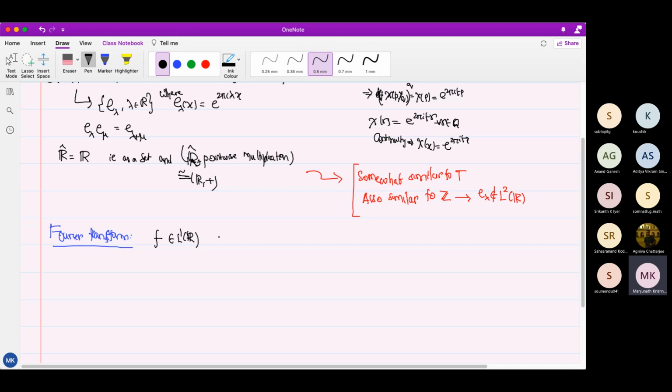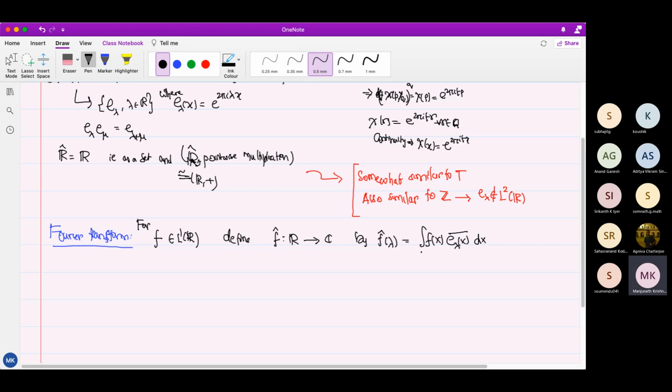So if f is in L1(R), define f hat from R to C, where for me functions are always complex valued, by f hat of lambda equal to the integral of f of x times E lambda of x conjugate dx.